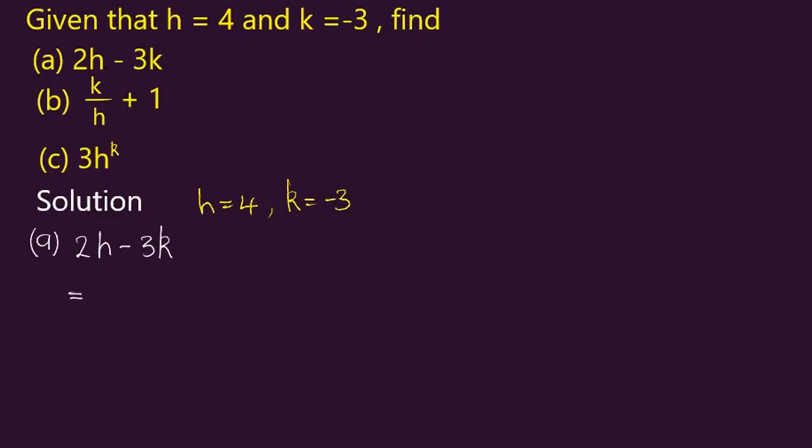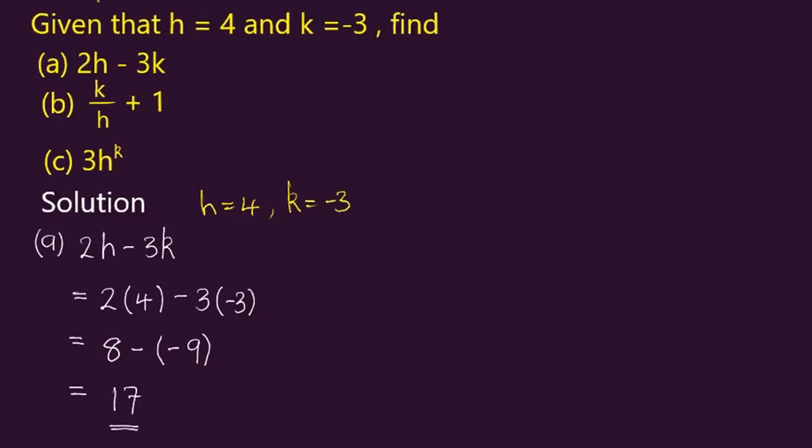So in place of h we're going to be putting 4, and in place of k we are going to be putting -3, and we simplify. 2 times 4, that's 8, so it's 8 minus 3 times -3, that's -9, and 8 minus minus, remember a minus and a minus will give us a plus, so it's 8 plus 9, which is 17. So that's the answer to part A.